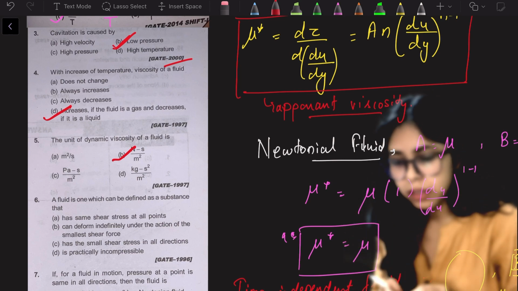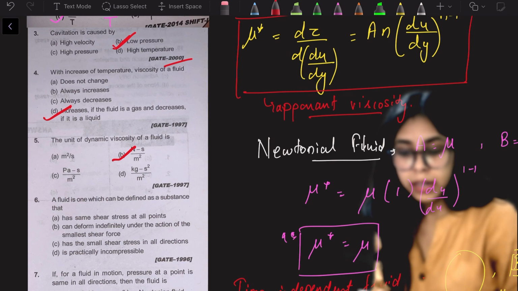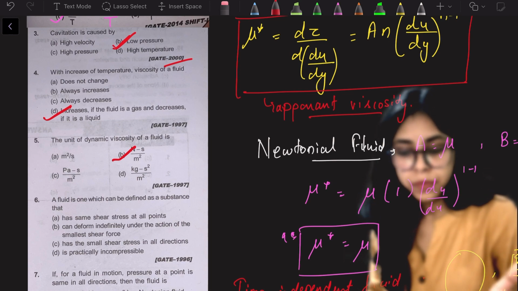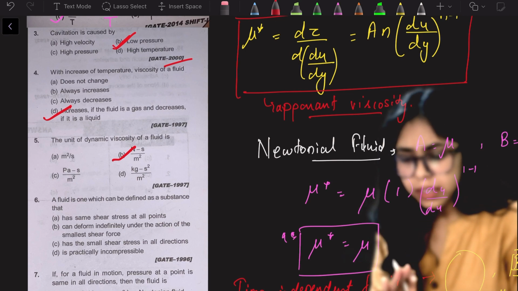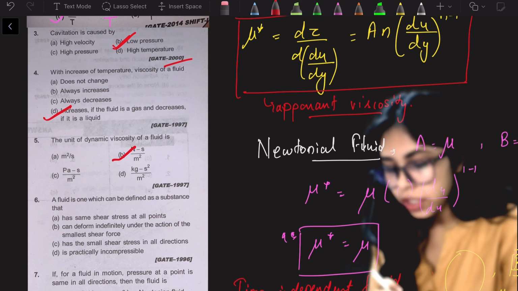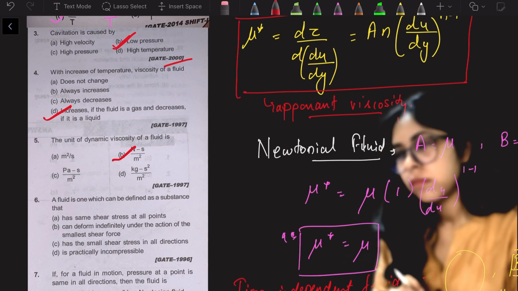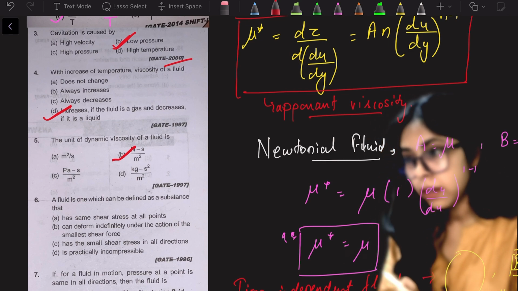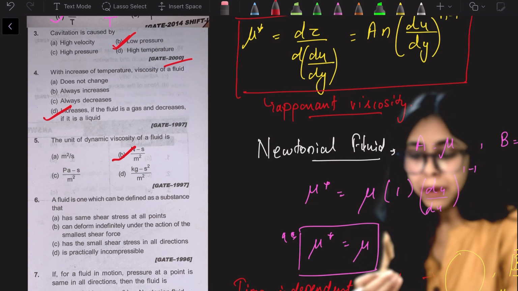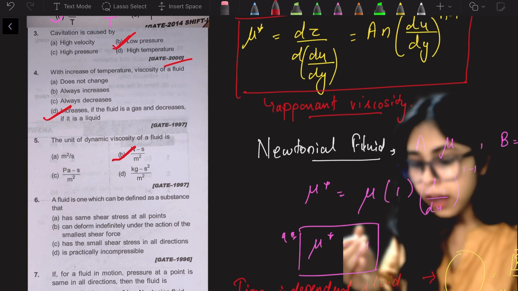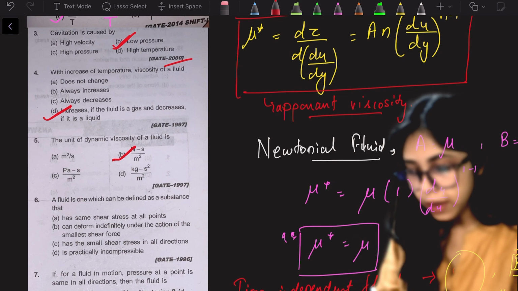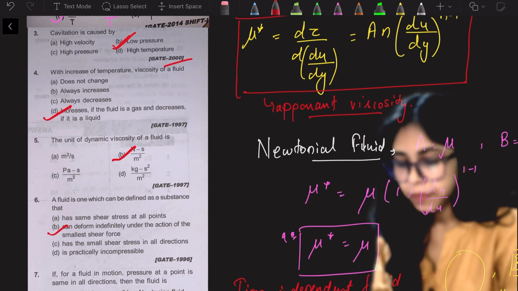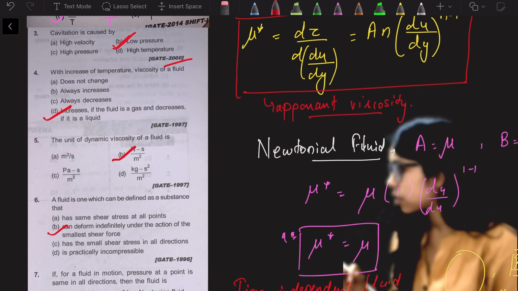But it can definitely deform indefinitely under a small shear force. It is correct. Has small shear stress in all directions? It doesn't seem good. Is practically incompressible? Fluids are practically compressible, but the value is very low. So the answer according to me should be can deform indefinitely under the action of the smallest shear force. So this is question number 6.